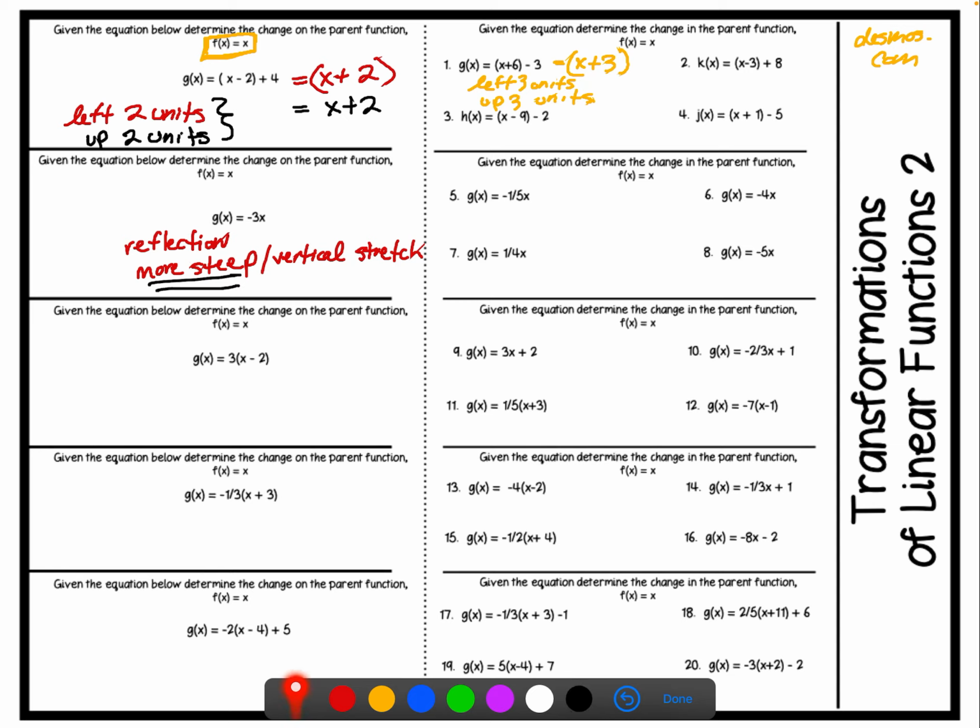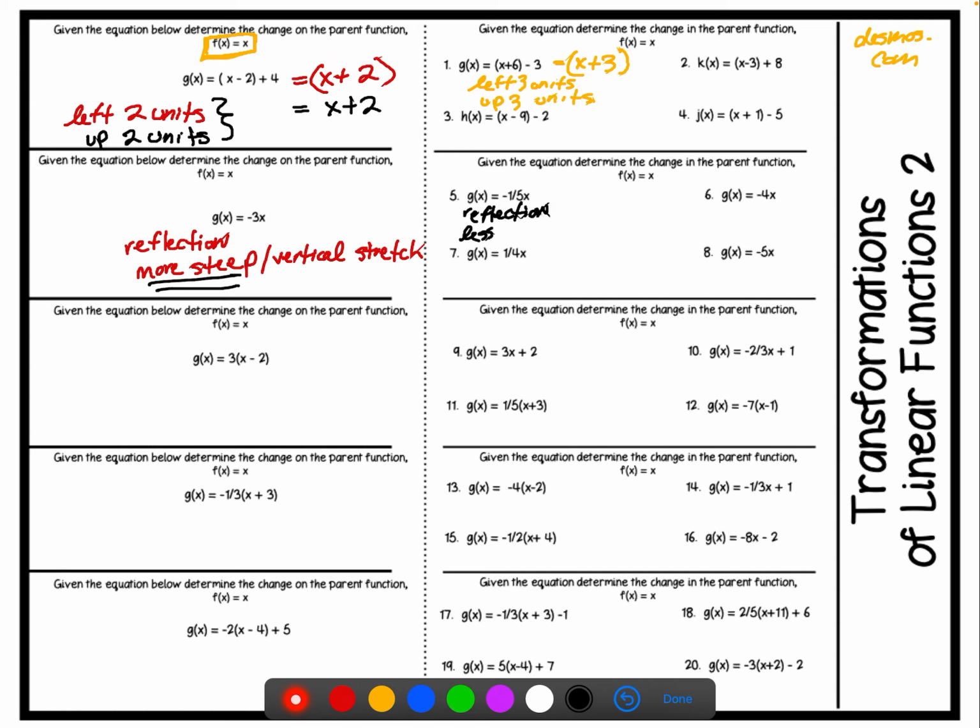So when we come over here to 5, 6, 7, and 8, we're going to describe what's happening here and use your notes on part 1 to help you. Remember, the negative says there's going to be a reflection, so we're just going to write reflection. And that 1/5 times the parent function of x means that there is going to be a graph that is less steep than the parent function.